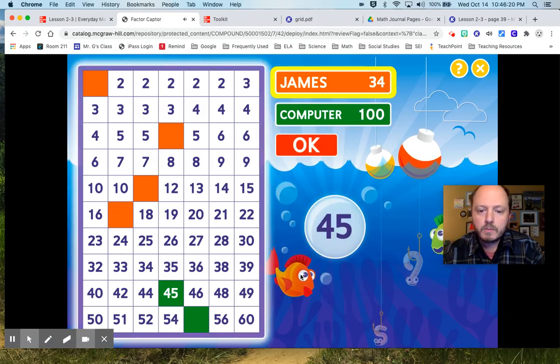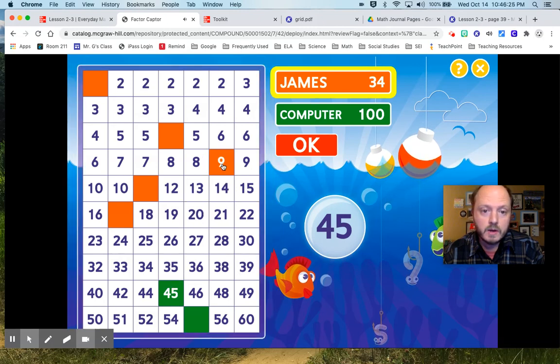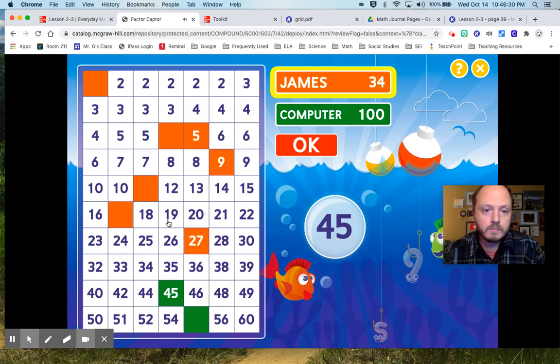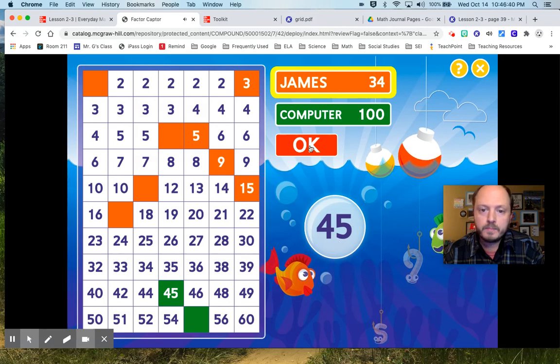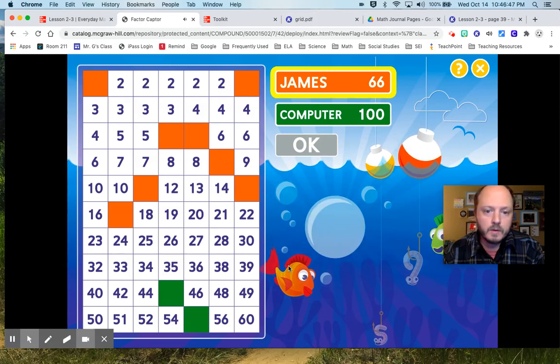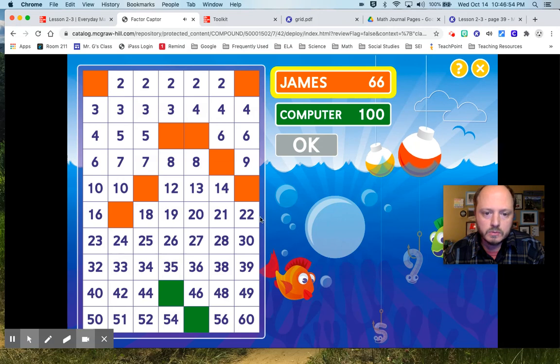All right, and so my opponent chose 45, and I know that I can choose 9 and 5. I can also choose 15 and 3. All right, another turn. Let's see, what other possible numbers can I choose?